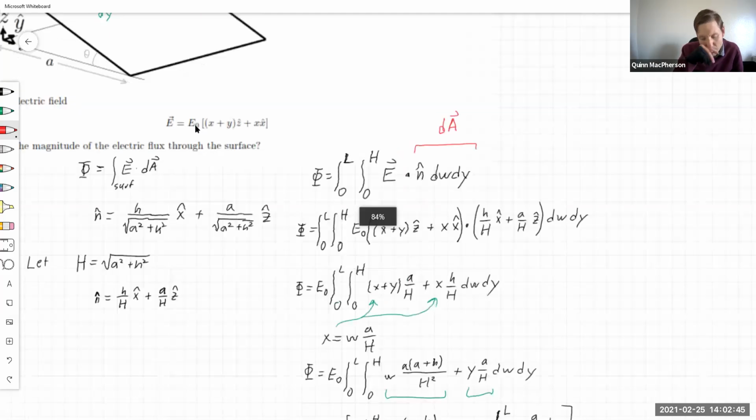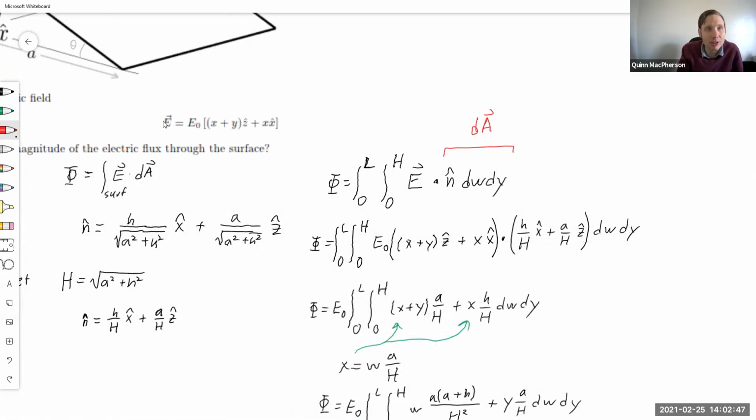If E, the electric field, is in newtons per coulomb, that's the definition of electric field, then E naught would be newtons per coulomb divided by meters, because x is in meters.